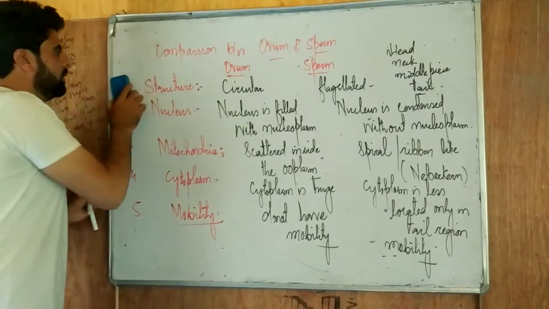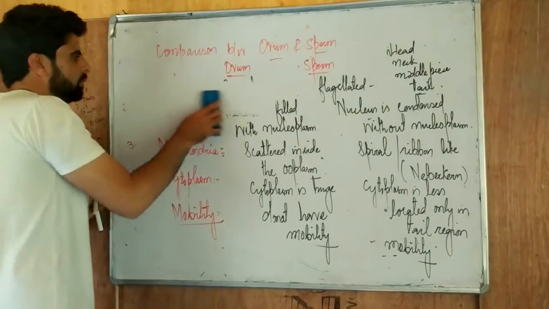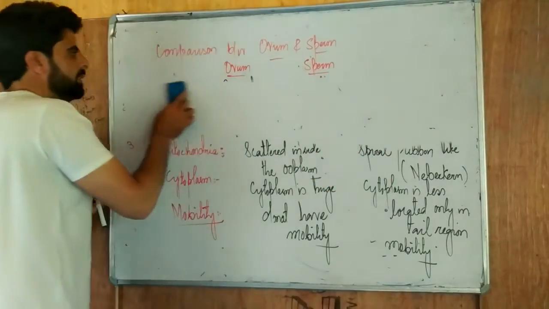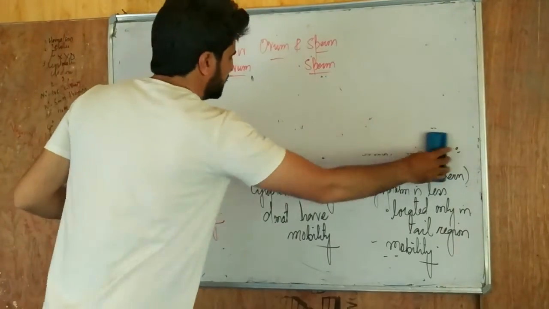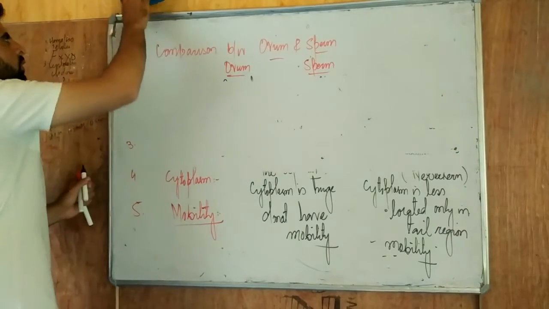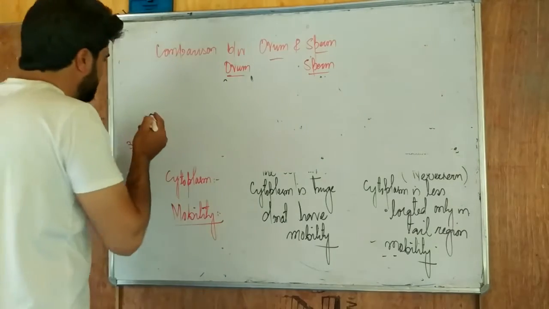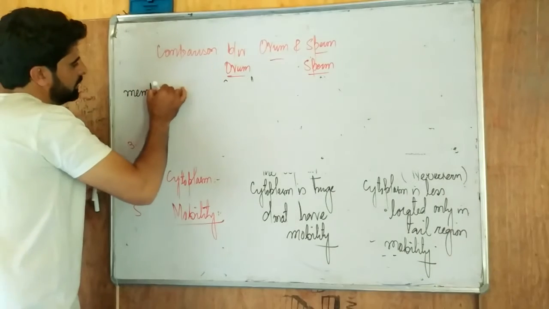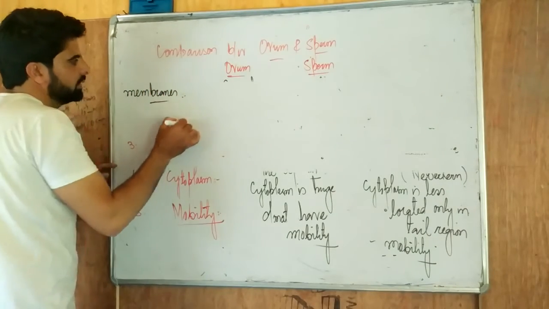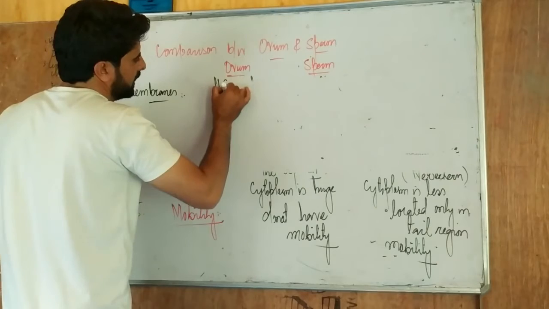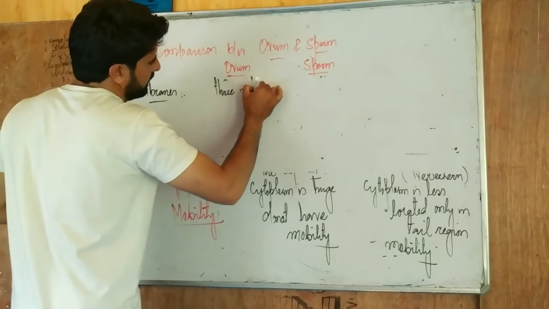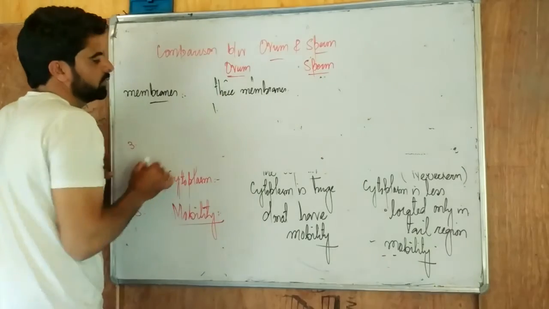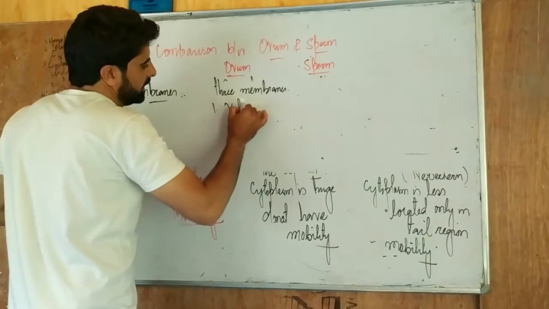One more we have, that's the membranes which cover them. That is the most important thing, the membranes which are covering the ovum and sperm. In case of ovum, there are three membranes covering it. The first one, which is also known as the plasma membrane, is the vitelline membrane.